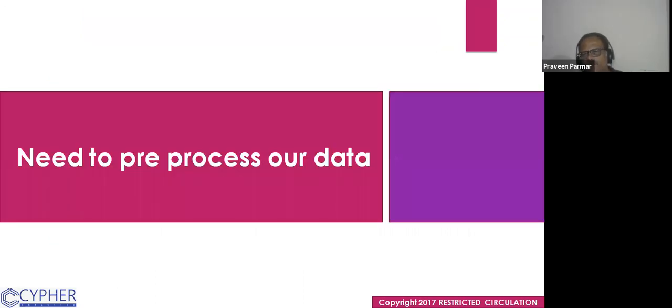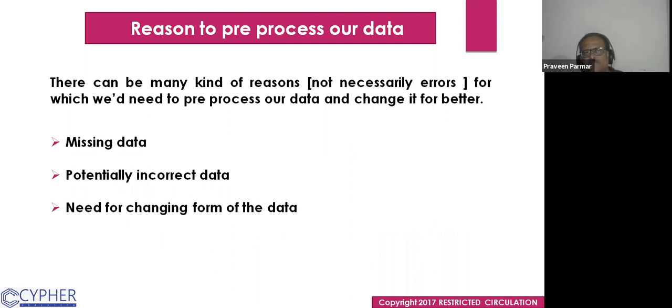Need to pre-process our data. There can be many kinds of reasons, not necessarily errors, for which we would need to pre-process our data and change it for the better. One is missing data. Second is potentially incorrect data, meaning the outliers.